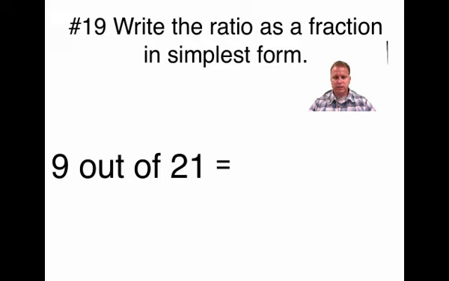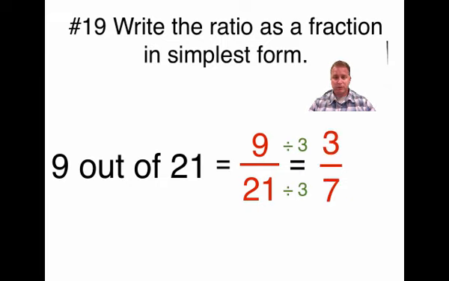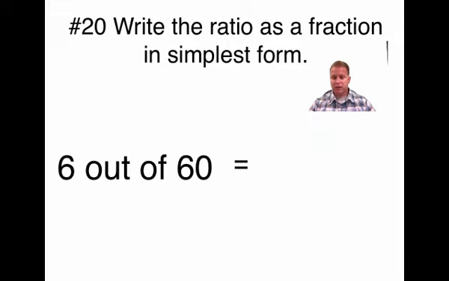Pause the video, write this as a fraction in simplest form. Start out with 9 over 21, divide both of them by 3, and we'll get 3/7. 6 out of 60. 6 on the top, 60 on the bottom. Divide both by 6. We get 1/10.